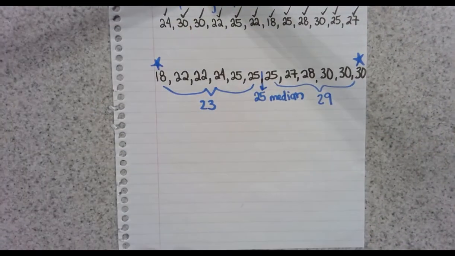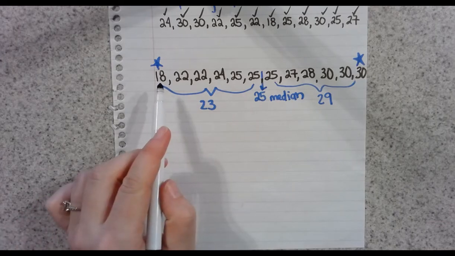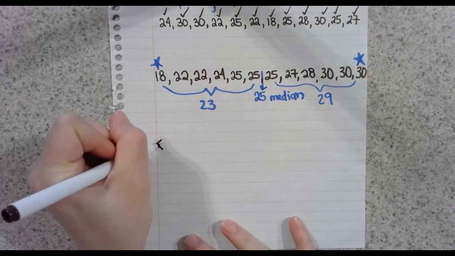So what you want to do is make a number line that starts with the least and goes all the way up to the greatest value in your box and whisker.